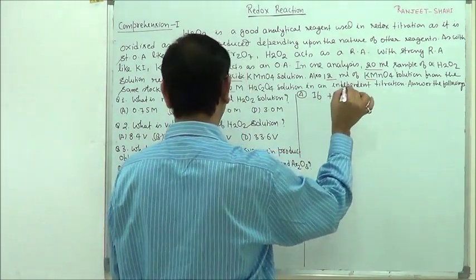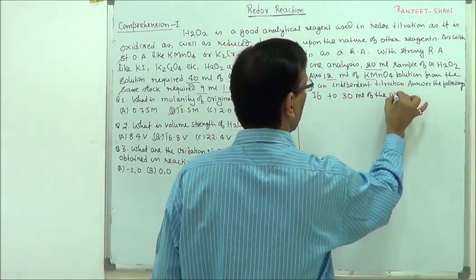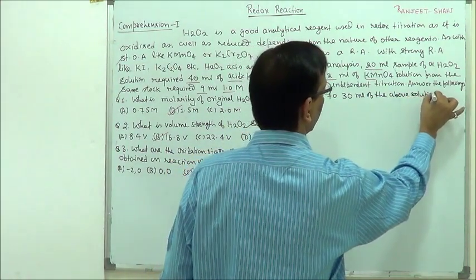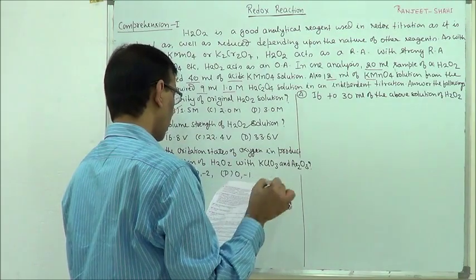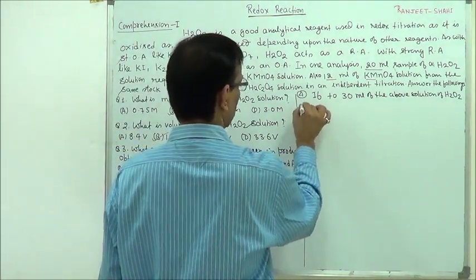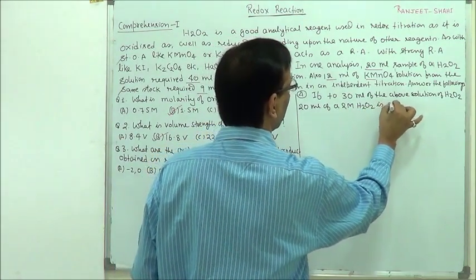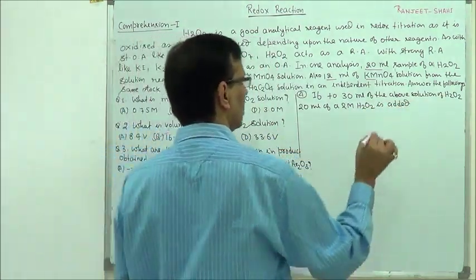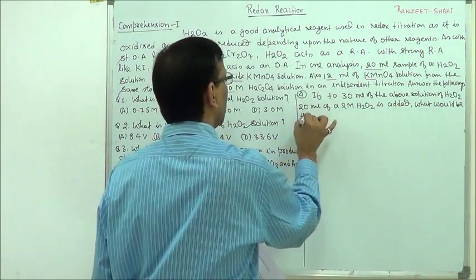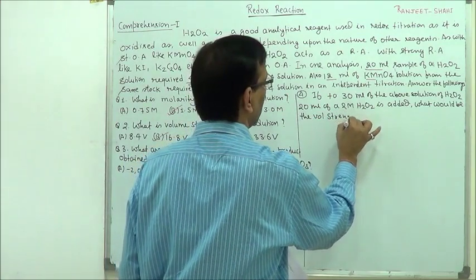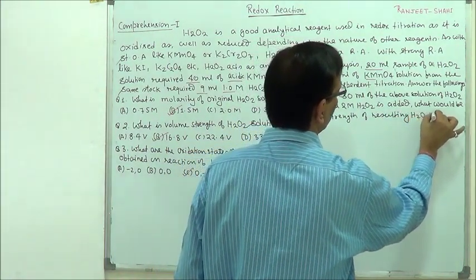If to 30 ml of the above solution of H2O2, 20 ml of a 2 molar H2O2 is added, what would be the volume strength of the resulting H2O2 solution?